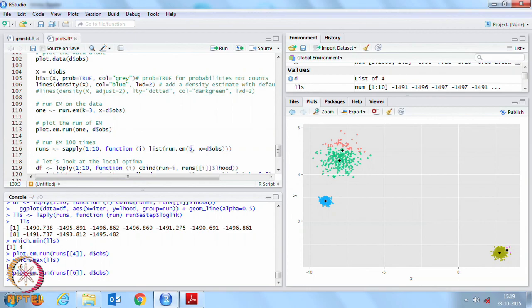So, I made a mistake. The reason is I gave k equal to 3 here. So, it is okay. You see what it has done. I gave k equal to 5. So, it has estimated 5 different components. You see, these are the means of the components. So, it has tried to fit 5 Gaussians instead of 3.